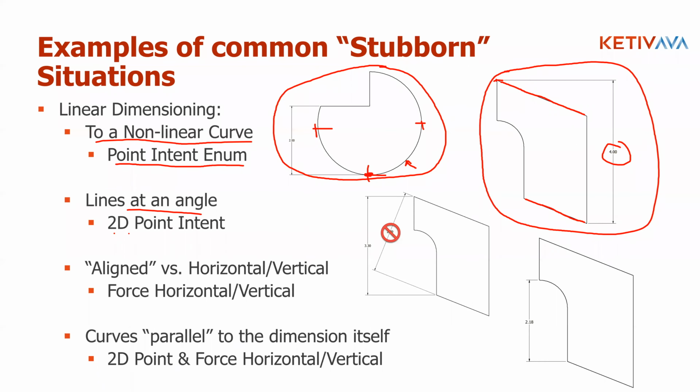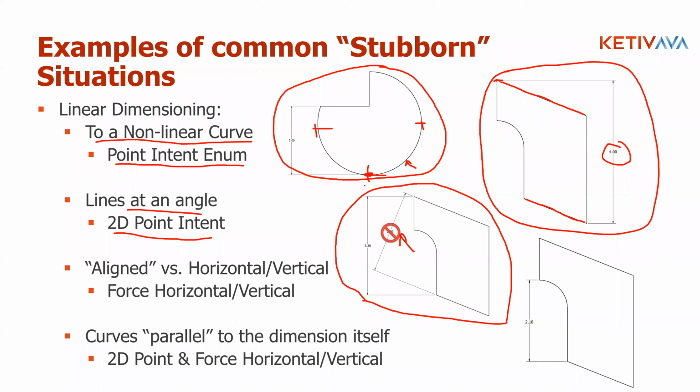This is where we start creating what's called a drawing intent off of a 2D point, okay? But you also have to have the curve as part of it. Another situation that has to do with angled curves, and is not obvious to most people, though it's documented, is that when you're creating a linear dimension, you're almost always creating an aligned dimension, okay?